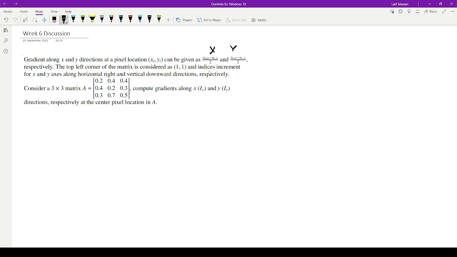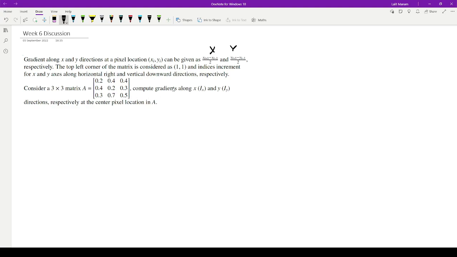Okay, so they are just defining how to compute gradients. The top left corner of the matrix is considered as 1 comma 1, so they are just giving the indexing: if you vary the column, that is 1 comma star, and if you vary the row, that is star comma 1. It's similar to what we have seen in the earlier sessions.